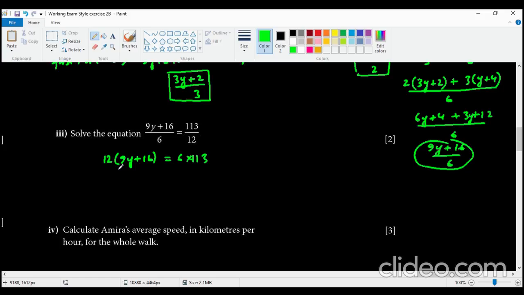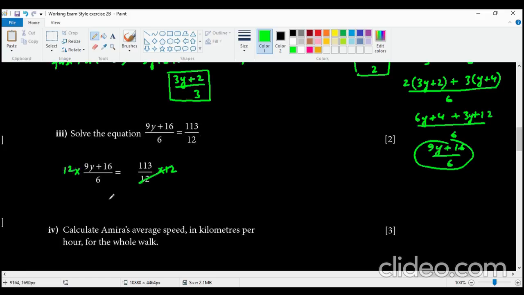The best part is, as I told you before also, we are going to multiply both sides. I copy this down for the sake of convenience and give a little space. Now in here I multiply both sides by 12.